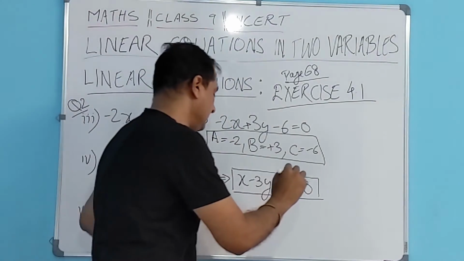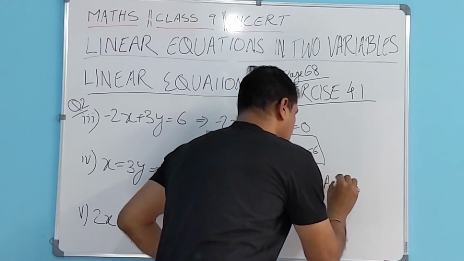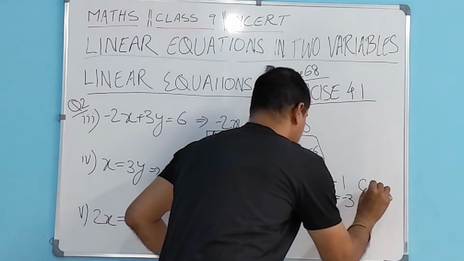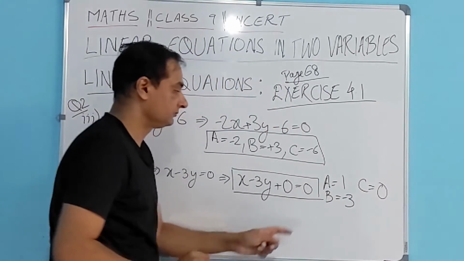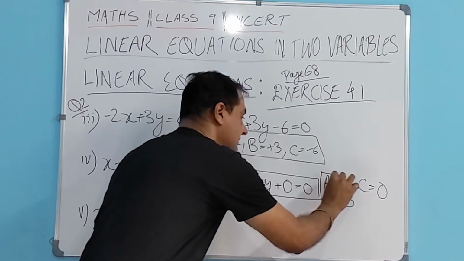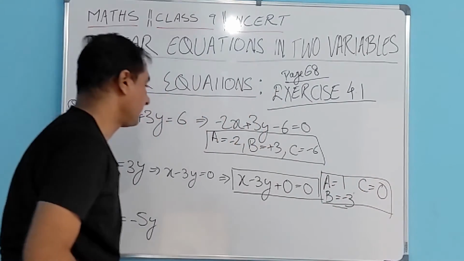So here if we understand, a equal to 1, b equals to minus 3 and c equals to 0 for the fourth question. So this will be the answer.